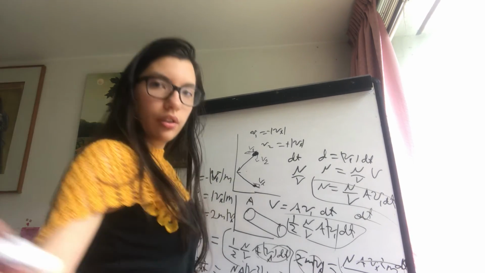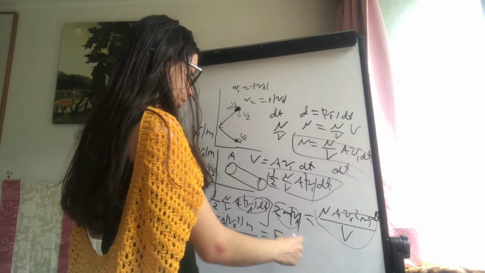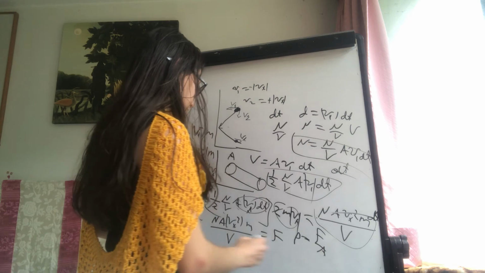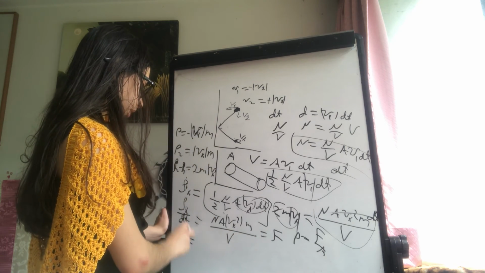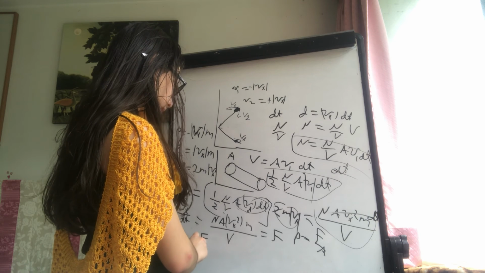And now we have that pressure is equal to force divided by area. So the pressure would be the change in momentum in time, that is the force, divided by the area.